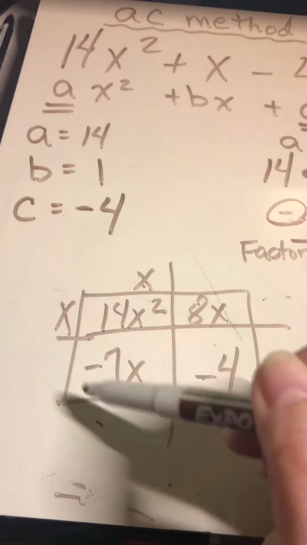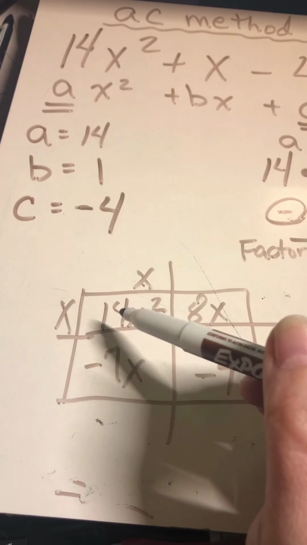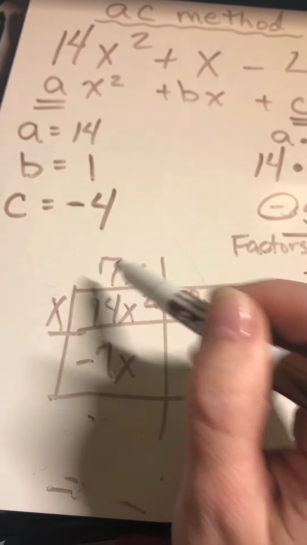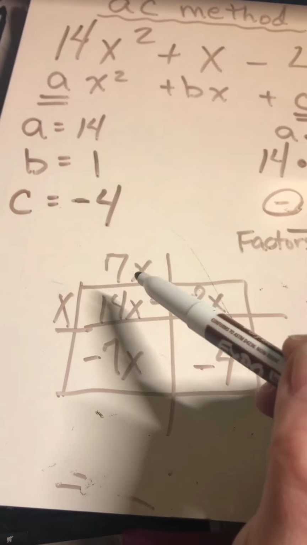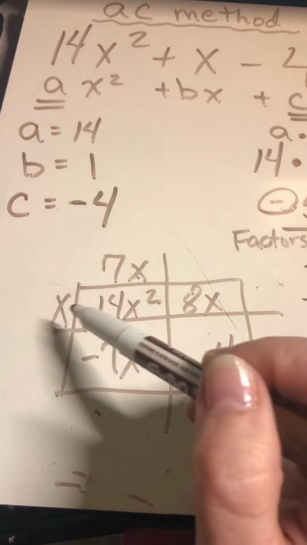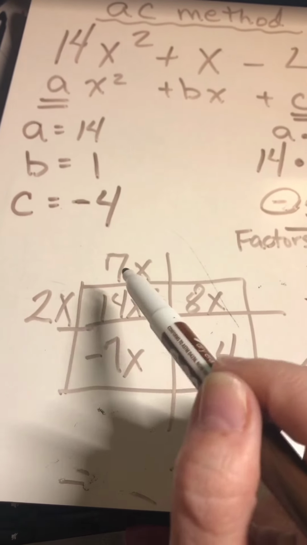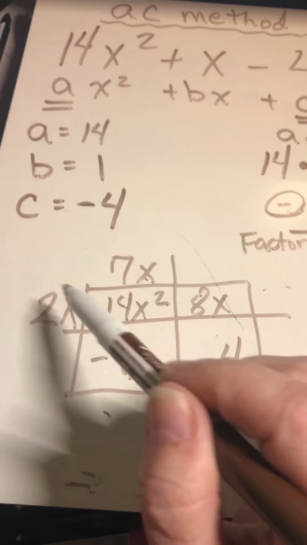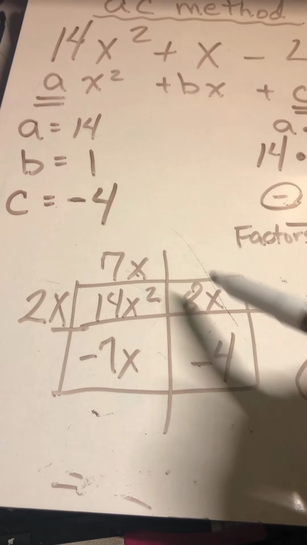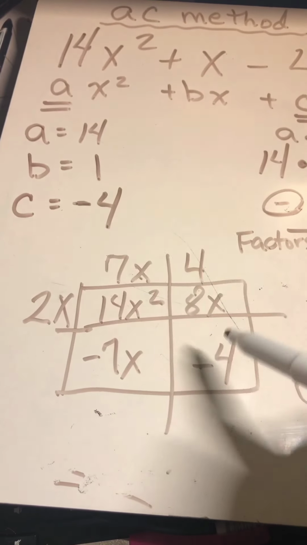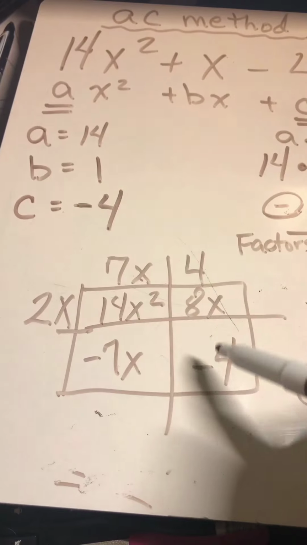So what's my greatest common factor between negative 7 and 14? Well, that's 7. So I still get my 7 there. So what times 7x is going to give me 14x squared? Well, that's a 2. So 2x times 7x gives me 14x squared. That's right. So now 2x times what gives me 8x? Well, that's 4. Right? Then 4 times what gives me negative 4?